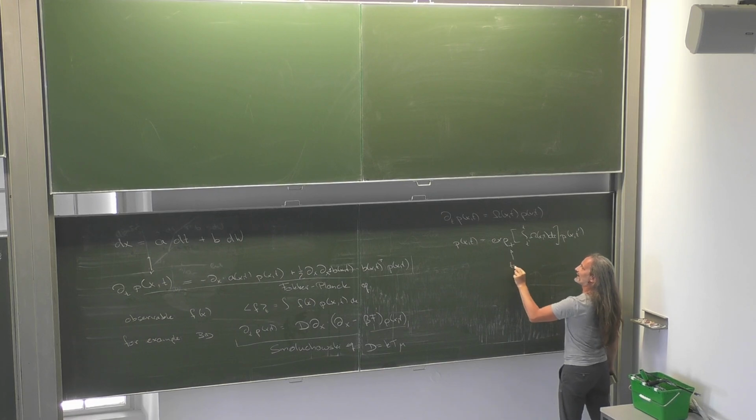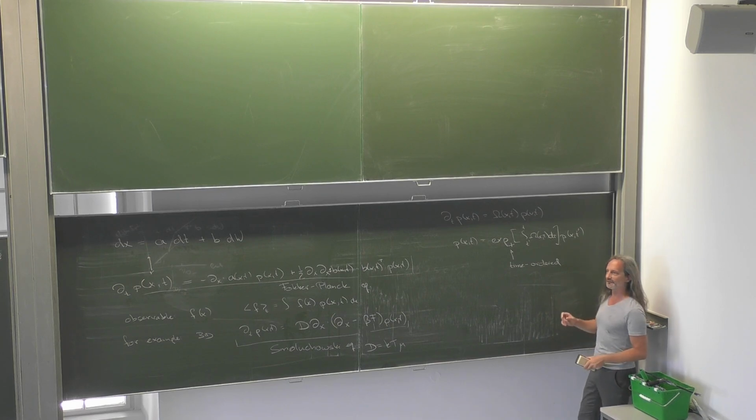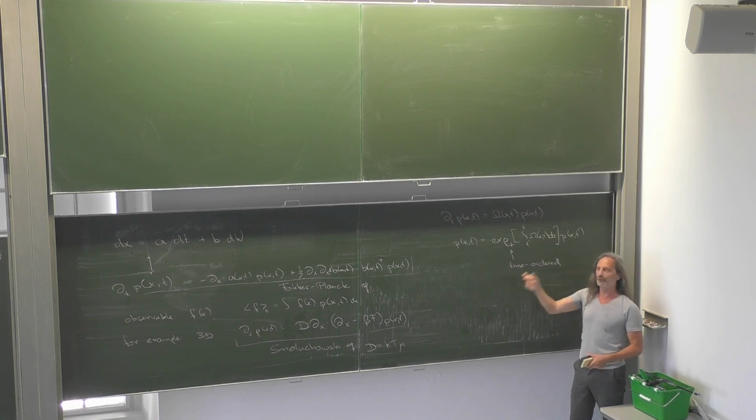I'm going to say this has to be time ordered. In quantum mechanics, people would introduce a time ordering operator, the operator that sorts everything. If I take the Taylor expansion here, I will get the square of the integral, the third power, the fourth power, every order of integrals.